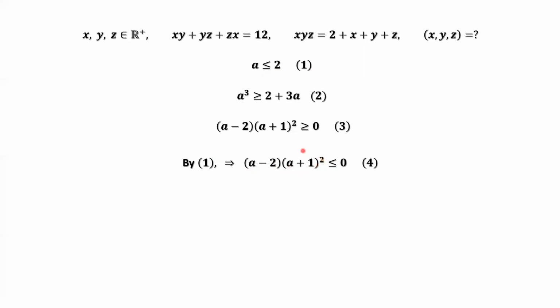This part is always bigger than or equal to 0. The product of the two terms equals this part times this part. A minus 2 is less than or equal to 0, a plus 1 squared is bigger than or equal to 0. Therefore, this product is less than or equal to 0.